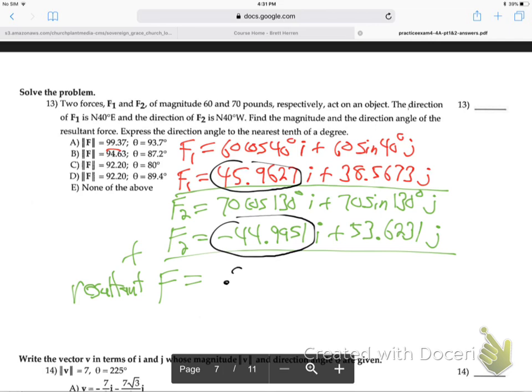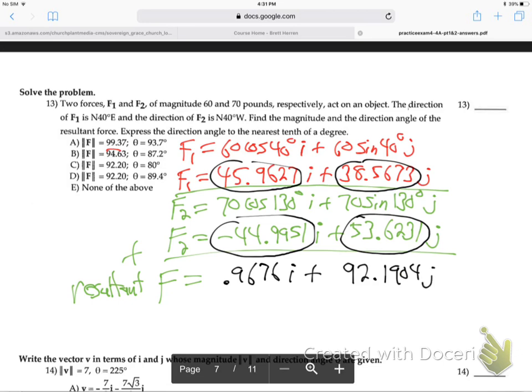I'm getting 0.9676 I, and then plus, this number and this number, I'm getting 92.1904 J. So there's the actual resultant force.